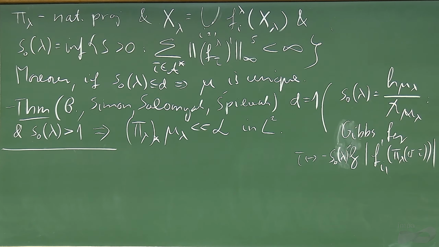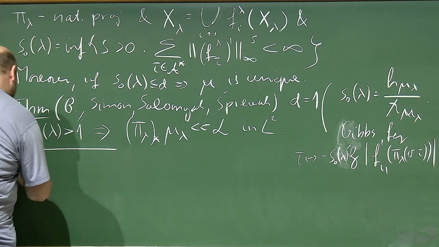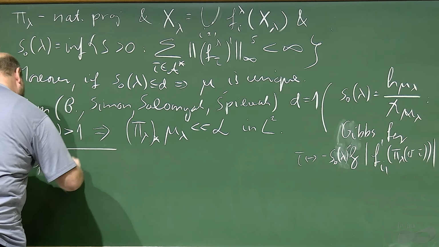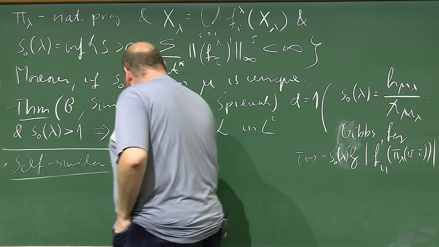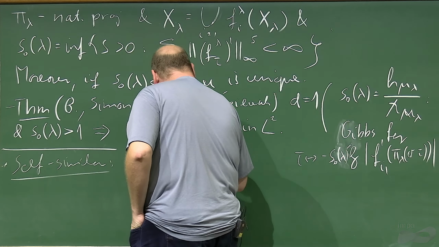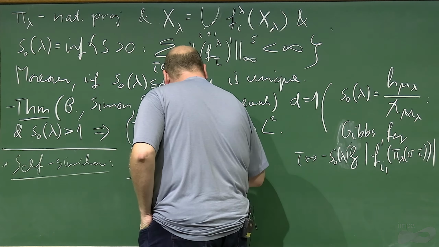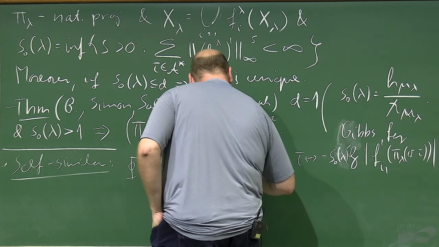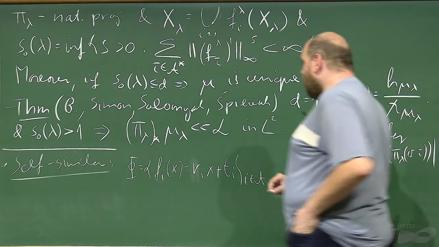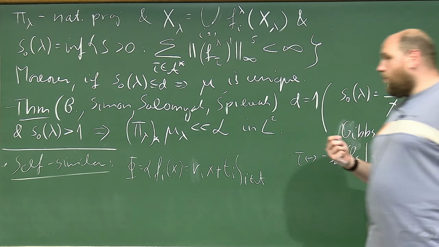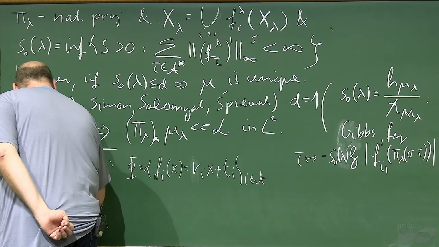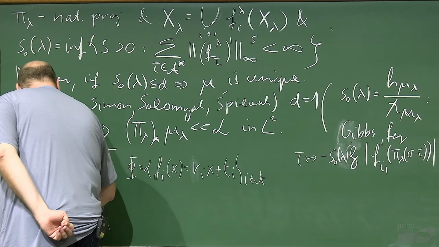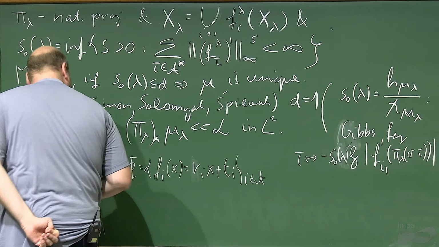So in the case of self-similar systems, we have better results. So what do I mean by self-similar? Again, that my maps are these linear maps on the line. And in that case, what we know is that there exists an exceptional set of, let's say, the translation parameter.